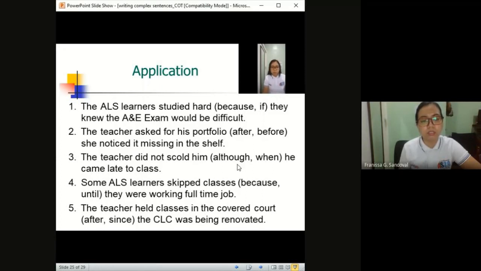The teacher did not scold him although, when he came late to class. 4. Some of learners skipped classes because, until they were working full-time jobs. 5. The teacher held classes in the covered court after, since the CLC was being renovated.